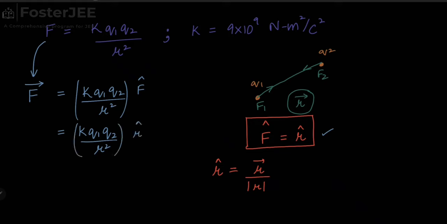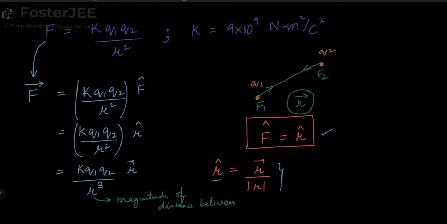Now since r cap is equal to vector r by magnitude of r, we can write it as k q1 q2 r vector upon r cube, where r is the magnitude of distance between two charges.